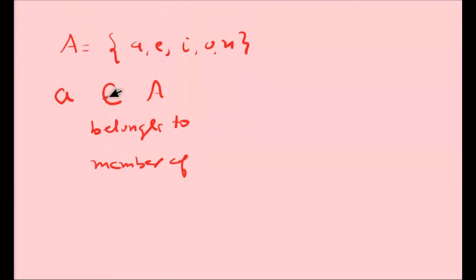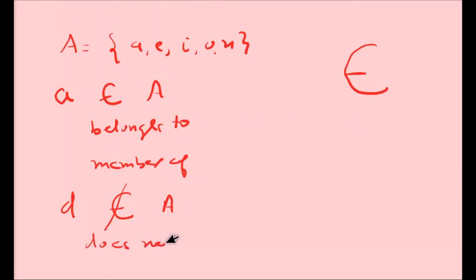Note down this symbol. Okay students, is D a member of the set? No, D is not a member, so we cancel the symbol and write D does not belong to set A.